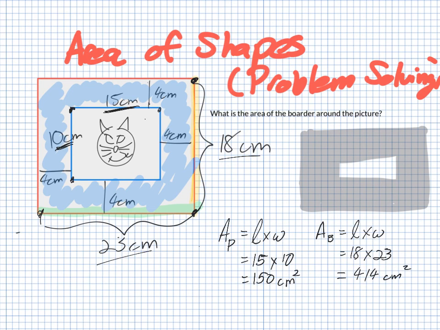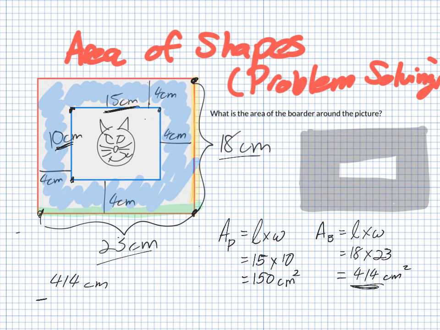Do you remember what we said our next step needed to be once we got the two areas? Think of it like a donut. We had to take something out of the other. Take the picture away from the border. Okay? So which is the border's measurement or area? 18 times 23. Which was what number? 414. Okay? So we're going to say 414. Even write centimeters in.